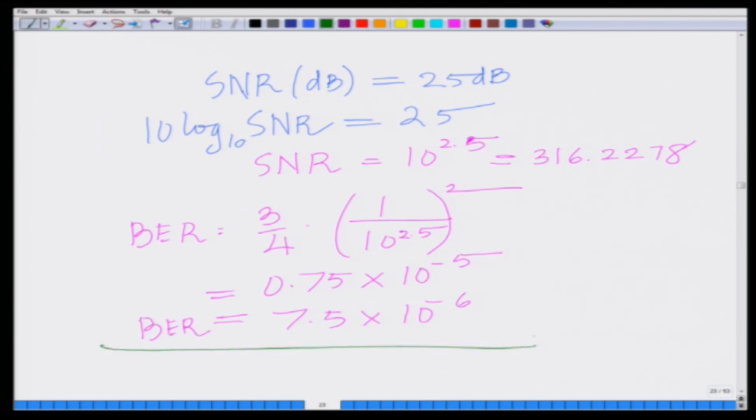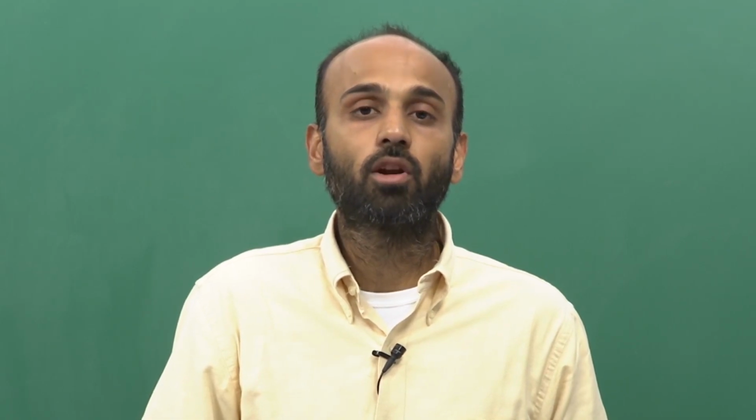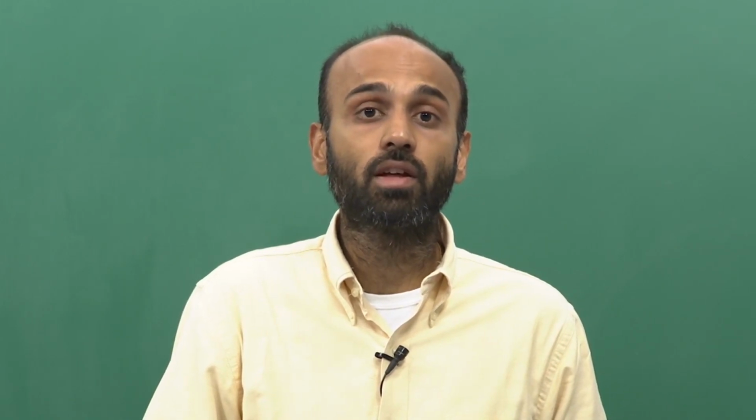Therefore, this is the bit error rate of a 3 cross 2 MIMO wireless communication system, that is the channel matrix is 3 cross 2, SNR is 25 dB, and what we are computing is the bit error rate with BPSK modulation and zero forcing receiver. Remember, the bit error rate depends on the kind of receiver, right.